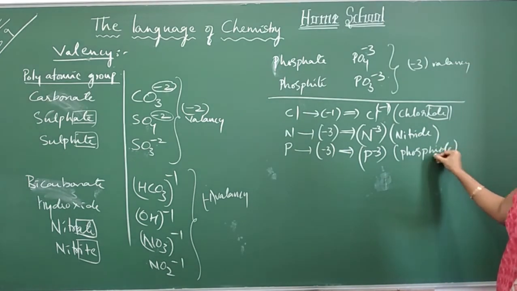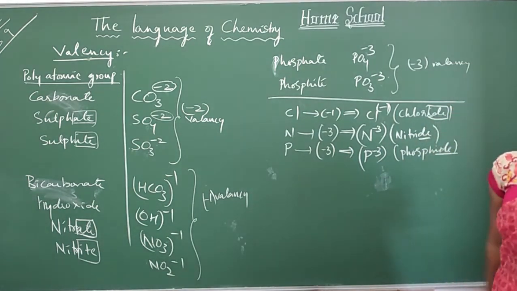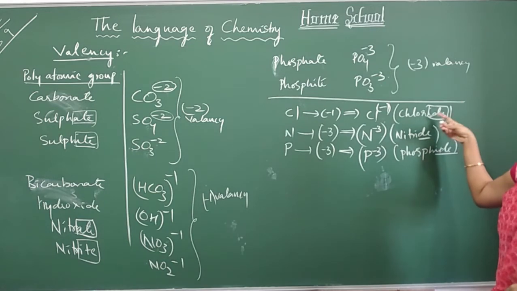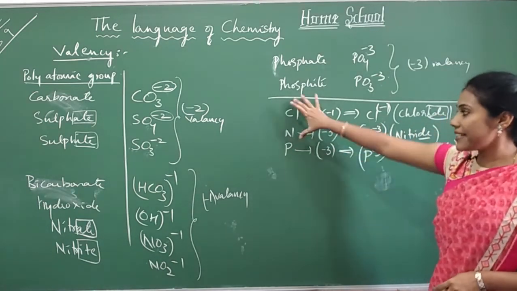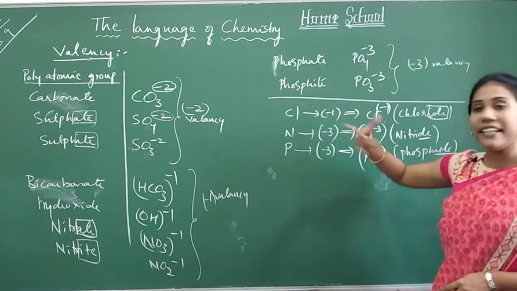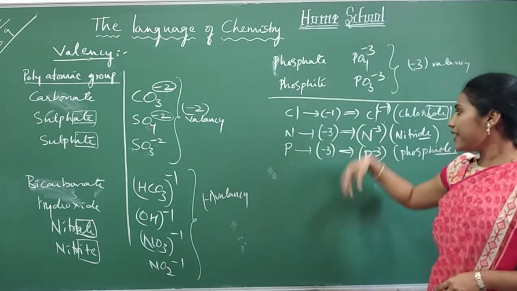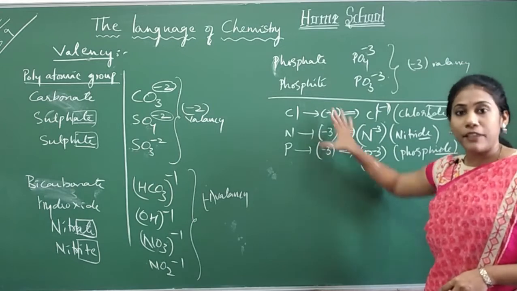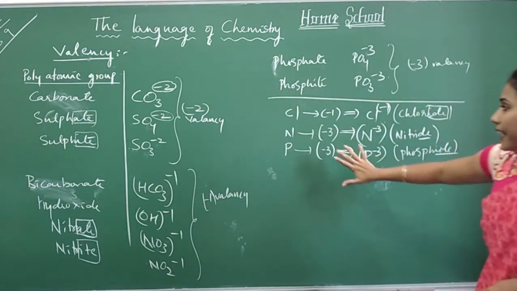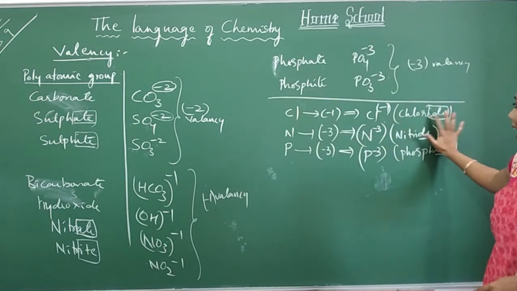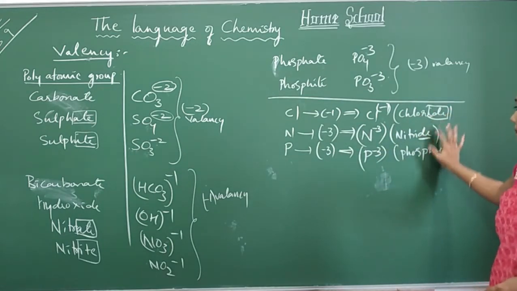So this IDE we have added everywhere. You add IDE at the end only when the single atom is having a negative valency. Valency can be 1, 2, 3 or anything. If it's having a negative sign, then you will add IDE in the name.